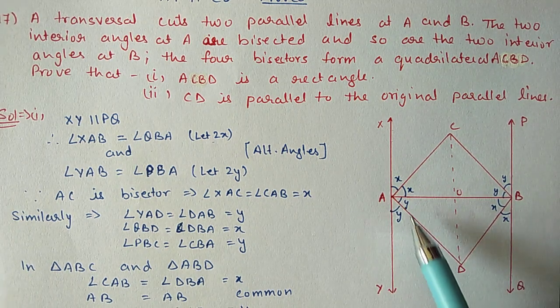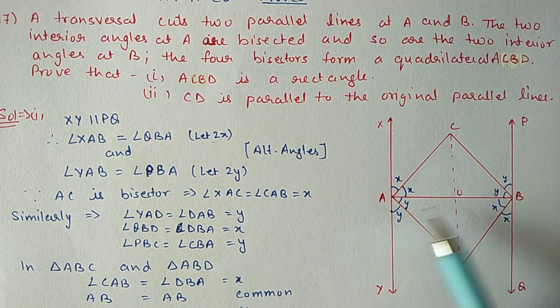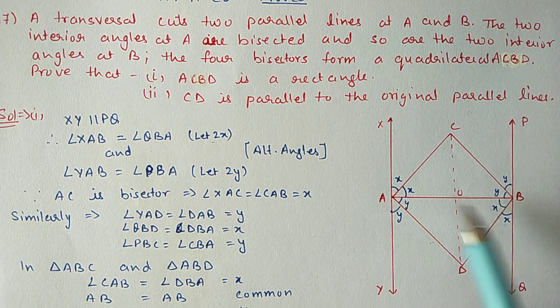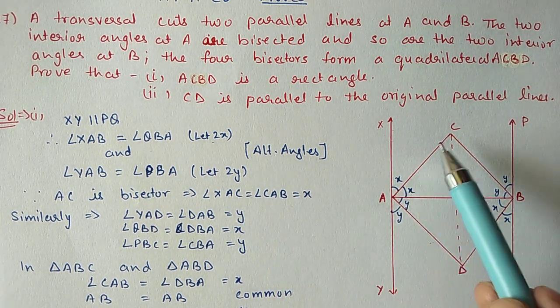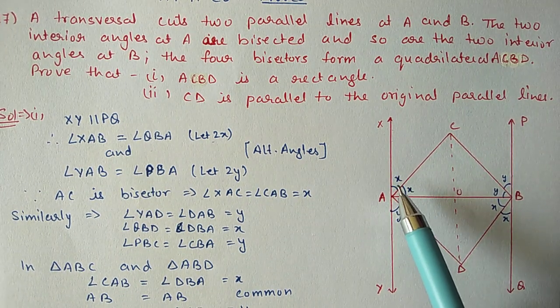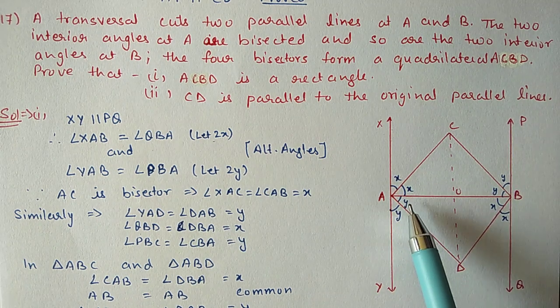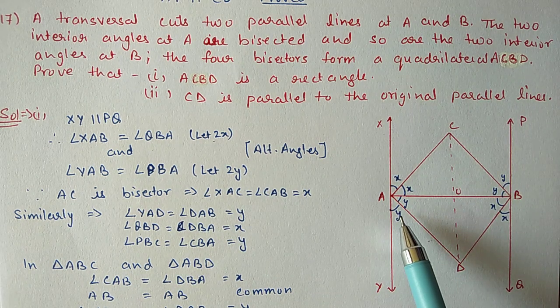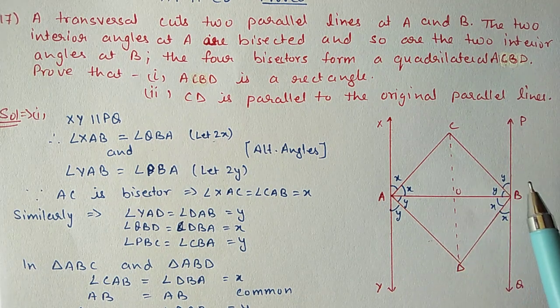Similarly, we take YAB equal to 2y and PBA equal to 2y. Next, these bisectors will divide each into half. So if it is 2x, it will divide into x and x. Same way here it is y, and this is y. Here it is x, this is x, here y and here y.